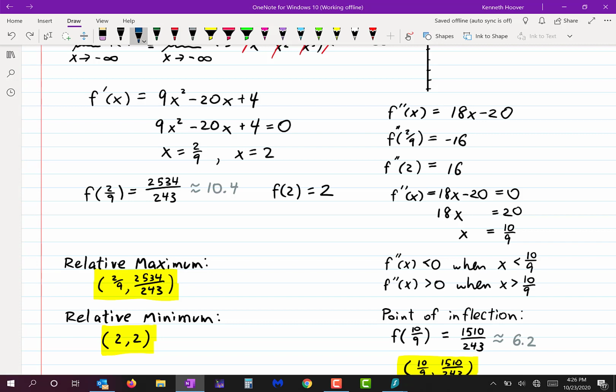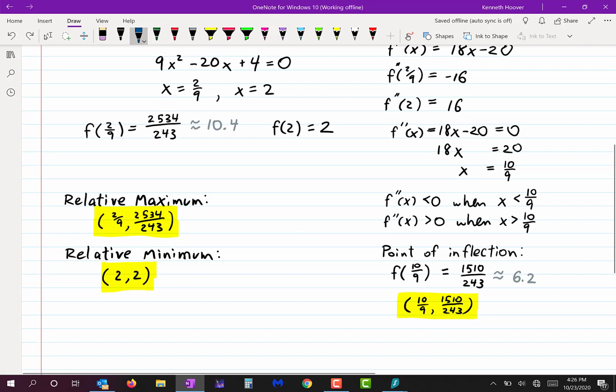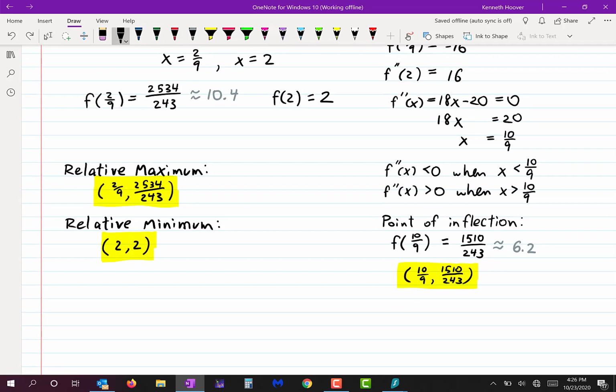And one more thing I want to do is let's write down what we found out about concavity. We found out that the second derivative equals 0 when x is 10/9. And I found out that the second derivative is negative when x is less than 10/9.